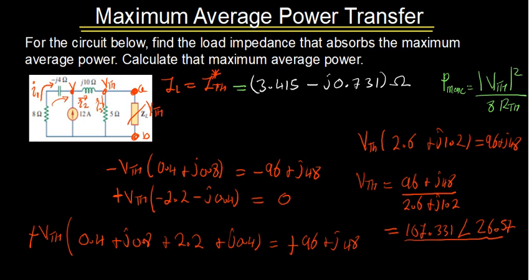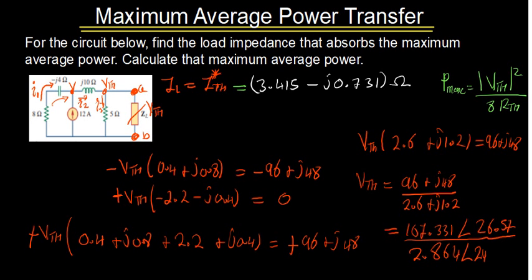I divide by converting the other part to polar, so this is 2.6 comma 1.2. I'm going to get 2.864, then the angle of 24.